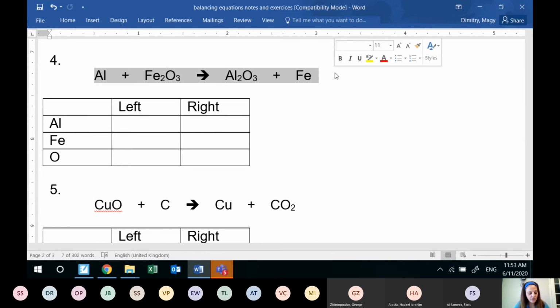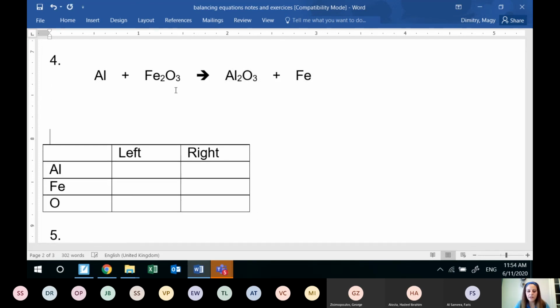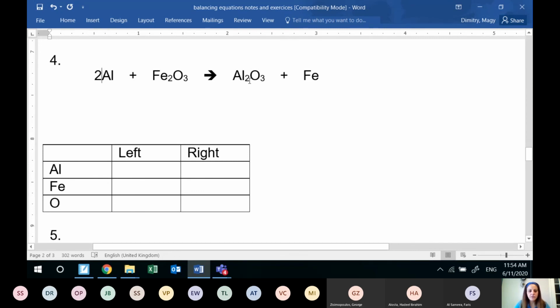Look, the goal, Tyler, and everyone else who's not getting it too much, is to have an equal amount of elements on both sides, okay? So if this verification tool confuses you, we can try without it. You'll see. I have one aluminum here, right? But here I only have 2. So I have to times aluminum by 2 so that now it's equal. 2 aluminum, 2 aluminum.